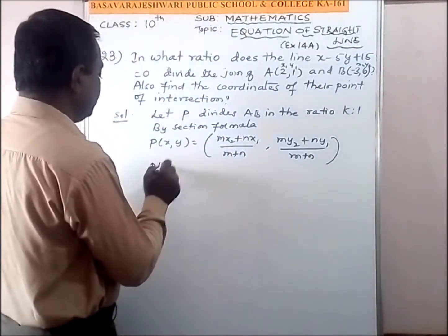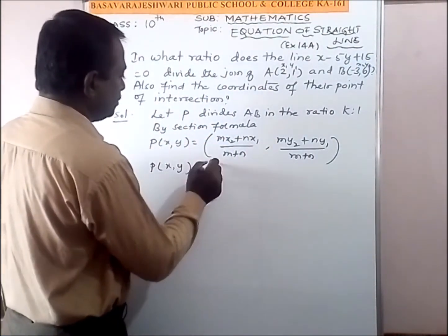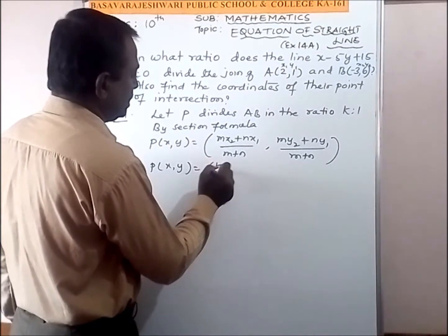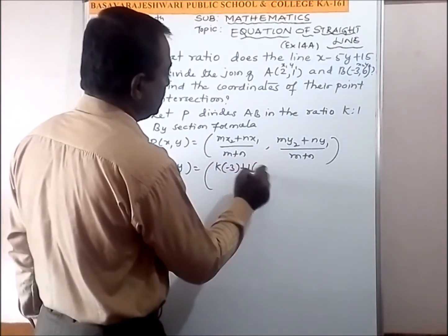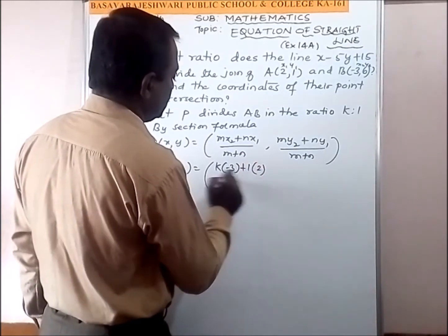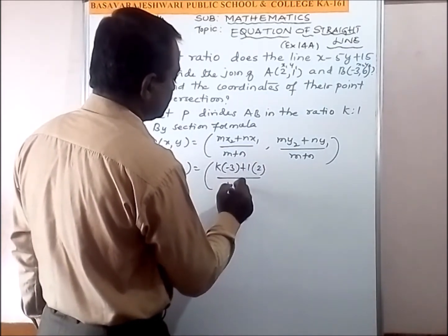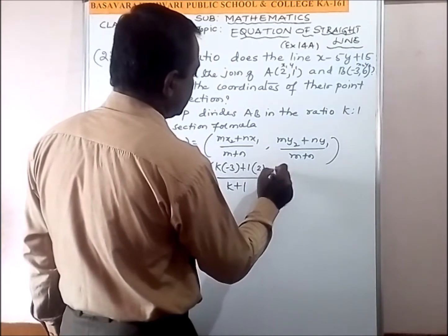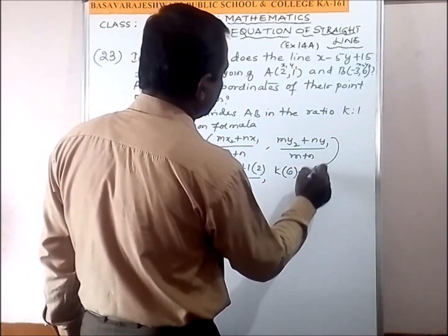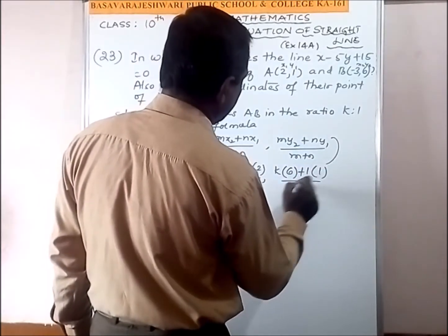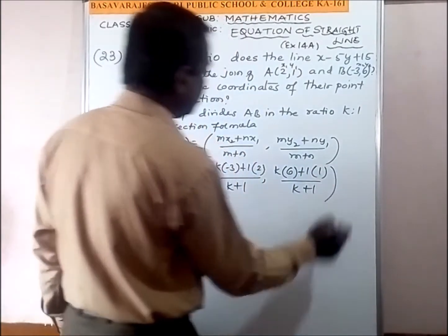So P of (x, y) is equal to m means k into x2 means minus 3, plus n is 1, x1 is 2, by k plus 1. M means k, y2 means 6, plus n is 1, y1 means 1, by k plus 1.